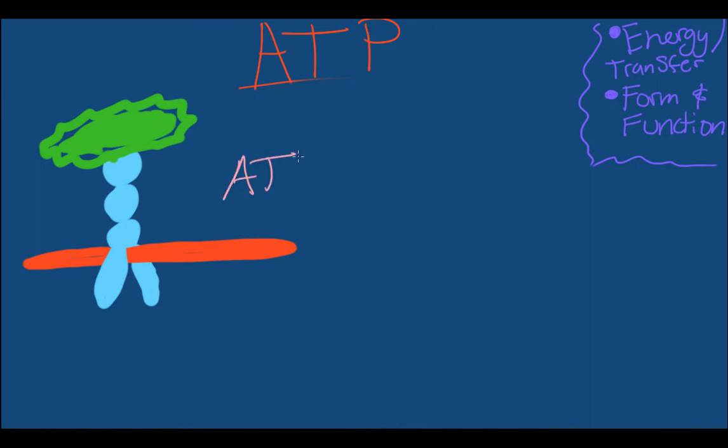ATP, through diffusion, will come into contact with this protein and donate that third phosphate group, leaving us with ADP instead. Now when this third phosphate group binds, that energy is harnessed and a structural change occurs within this protein. And this is what strongly relates to form and function.